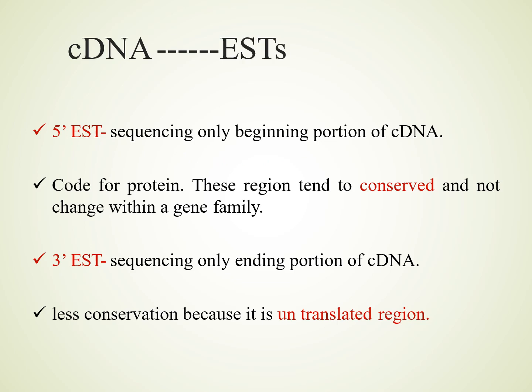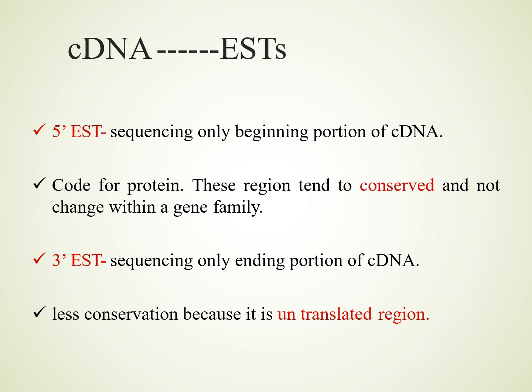So how are these ESTs prepared or sequenced from the cDNA? The 5' EST is obtained from the portion of the transcript that usually codes for the protein. These regions tend to be conserved across species and do not change much within the gene family. So you have this cDNA sequence, you only determine the sequence of the first 100 to 800 nucleotides.